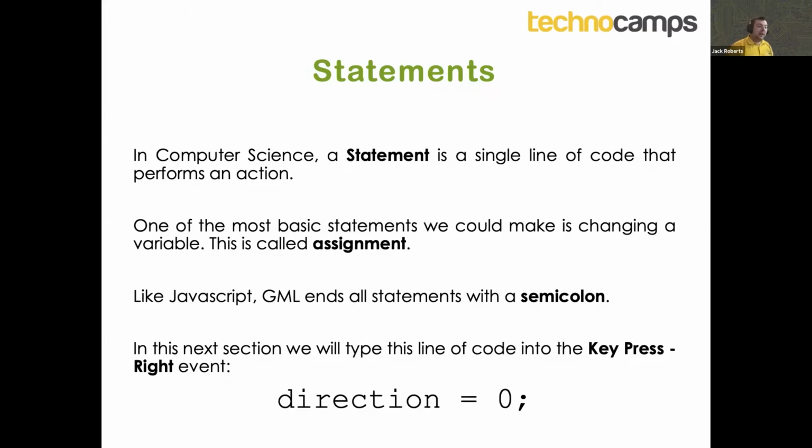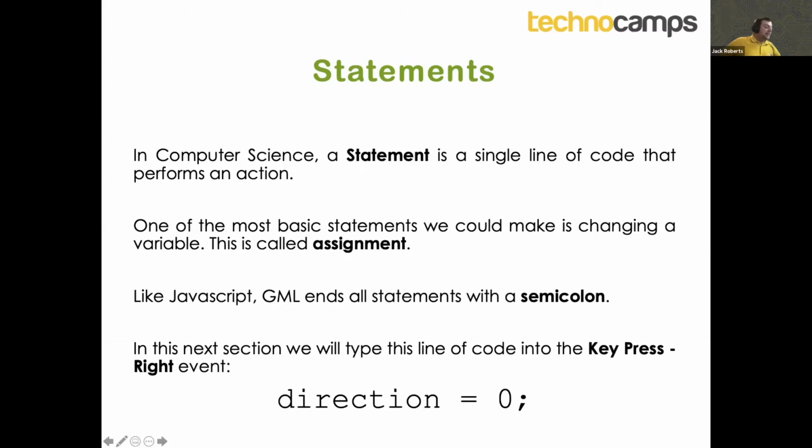So in the next section, we will type one line of code into the key press write event. And that line of code will be exactly as it's written here: direction, which is a built-in variable, equals, which resets the value to what we tell it to, 0, which is the value we want to set it to, and semicolon, which ends a statement.